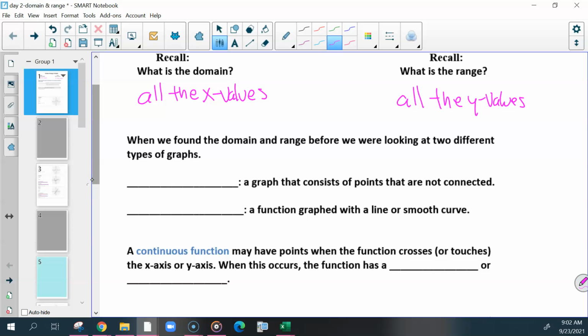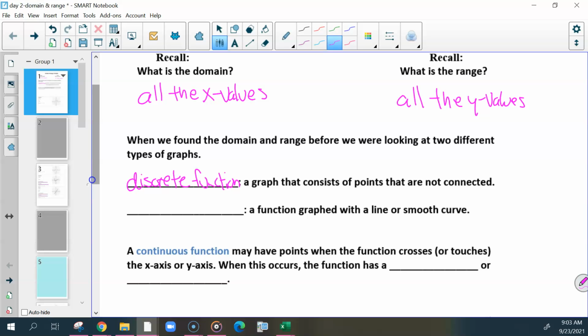Before, we were doing domain and range. The last class, we were doing it of certain types of functions that were graphs. Before that, when we were looking at relations, we were really looking at domain and range of random points. Those are called two different things. We didn't actually specify what they were, but a discrete function is a graph that consists of points that are not connected.